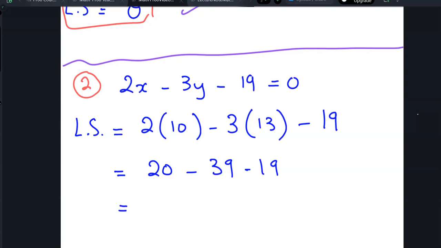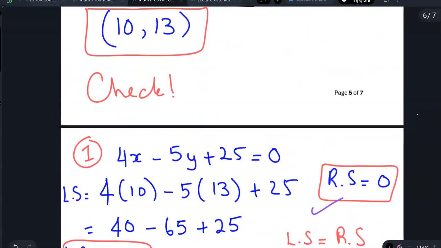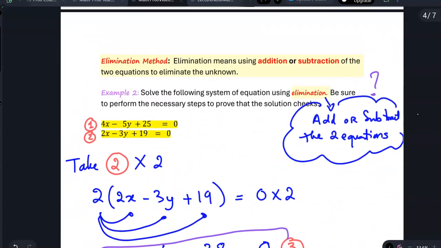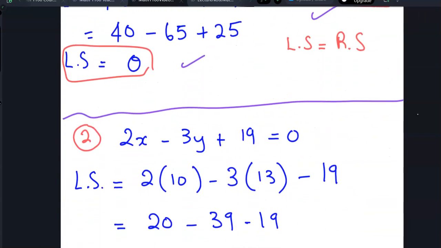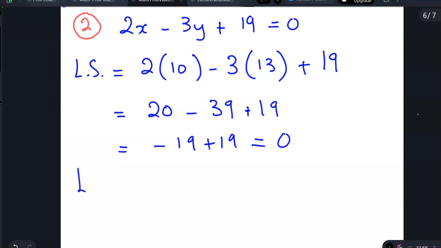So this should be a plus 19. Equation number 2 is plus 19, not negative 19. Excuse me, I just want to correct here. Okay, plus 19. So this is negative 19 plus 19. So this is equal to 0. So my left hand side equal to 0, and the right hand side of the equation is also equal to 0.